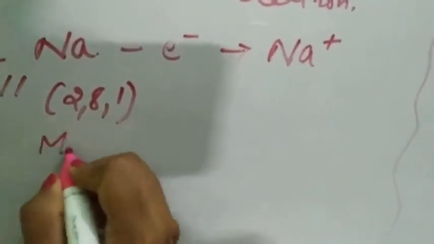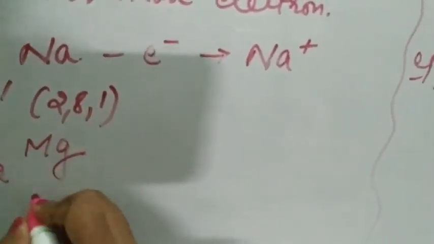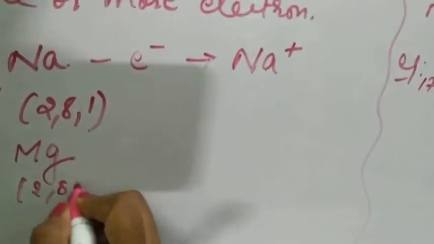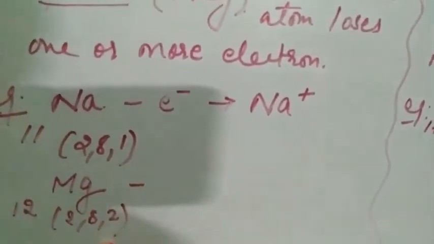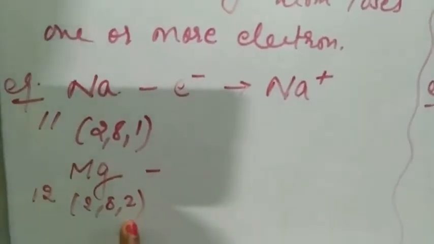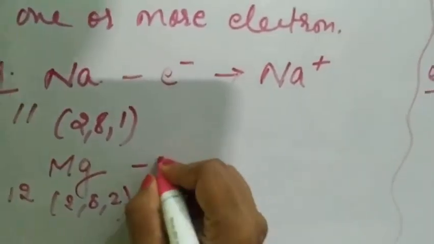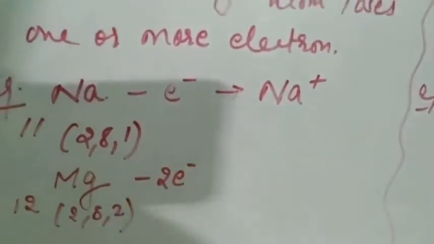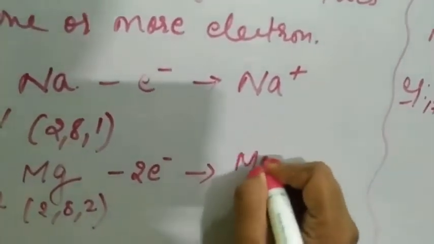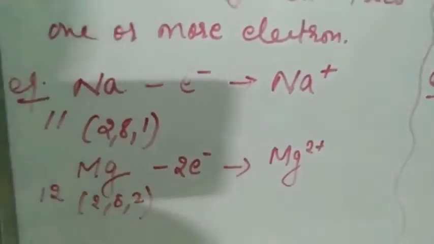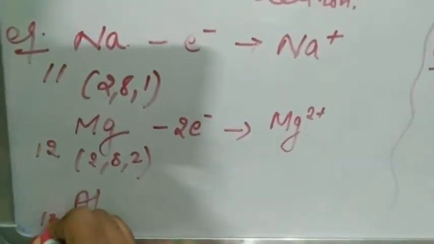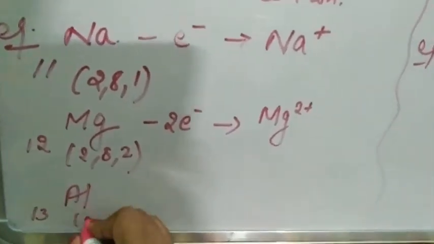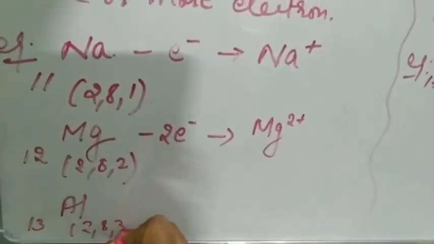Then we have magnesium, whose atomic number is 12 and electronic configuration is 2,8,2. So it has 2 electrons in its outermost shell. So it can lose 2 electrons to form Mg2 plus. Similarly, aluminium, its atomic number is 13 and electronic configuration is 2,8,3.